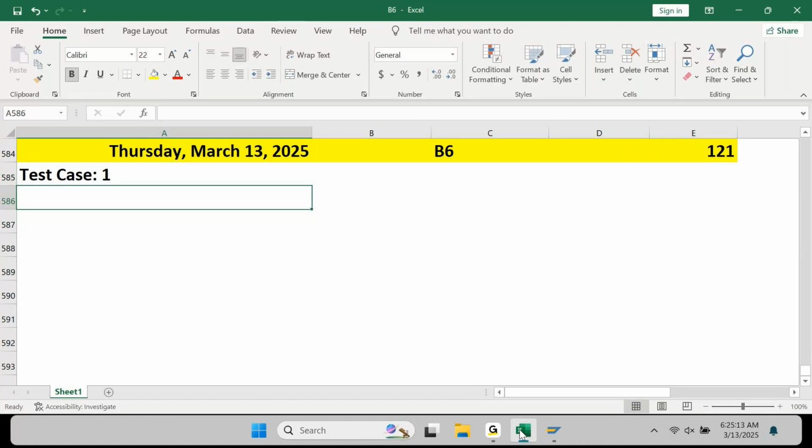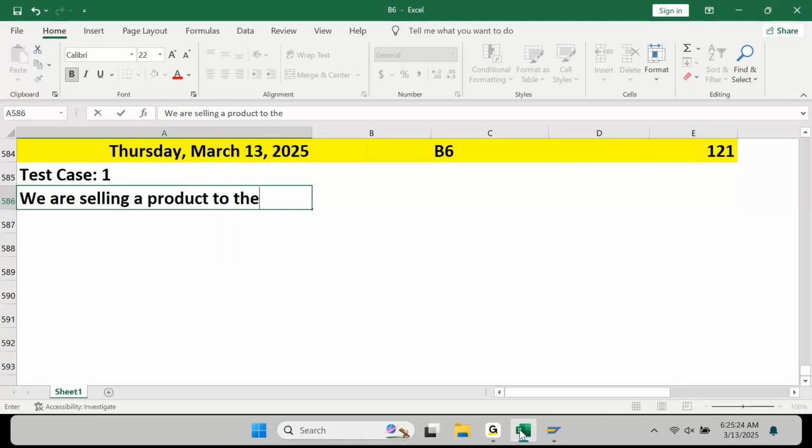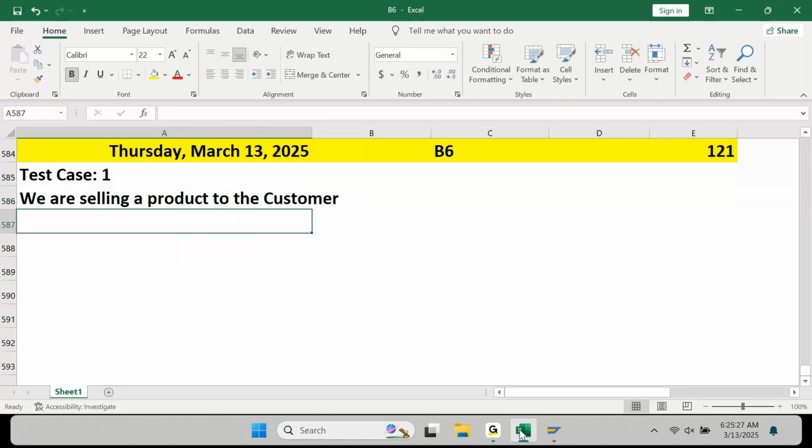We are selling a product to the customer. Whenever we are selling a product to the customer, you need to observe 3 values. From any sale, you need to observe 3 values.